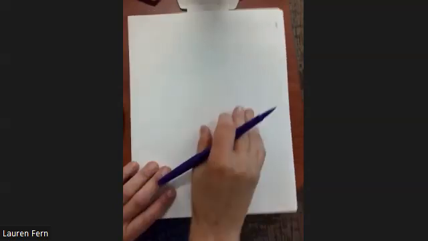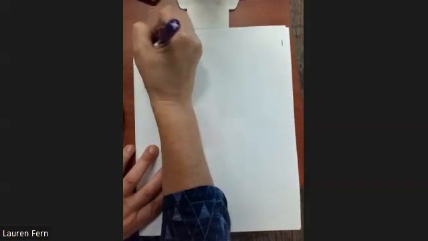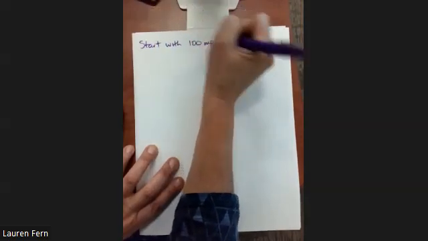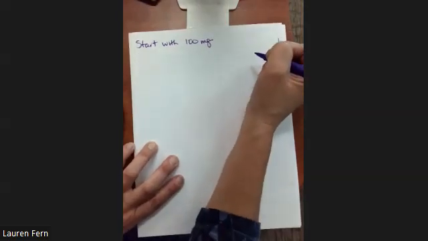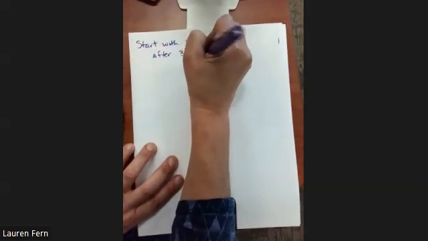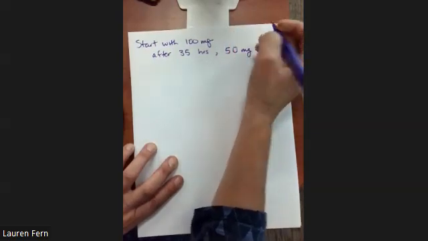All right. So same type of problem, but it's going to look a little bit different now. What if I tell you that we are going to start some experiment with 100 milligrams of some such thing? And after 35 hours, 50 milligrams of that substance remains.